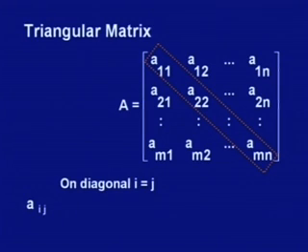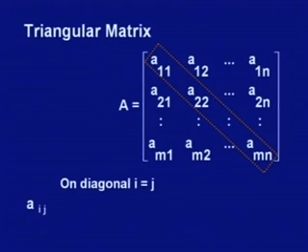The first element is A11, its row index and column index are equal to 1. The second element A22, row index and column index are the same, and the last element Ann, here also the row index and column index are the same. So, this is a typical characteristic of diagonal elements, that i and j are equal.